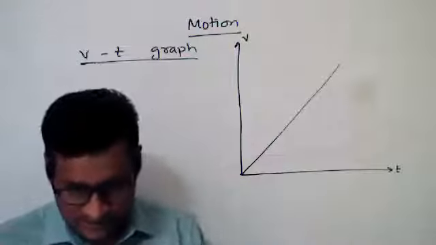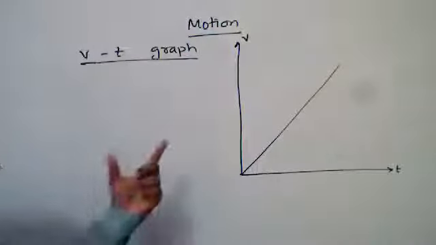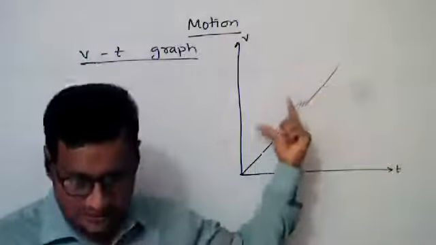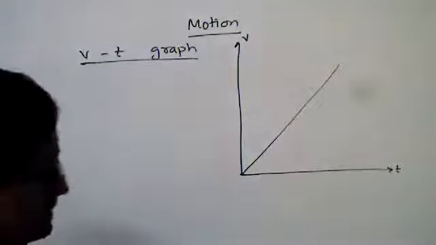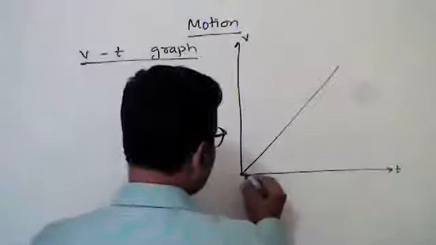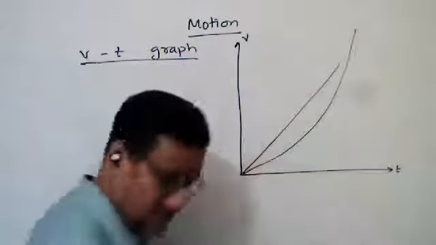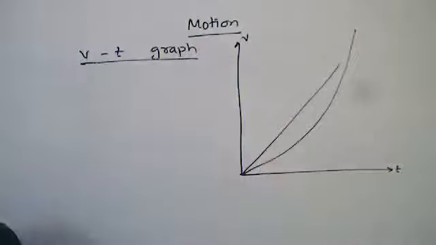Okay, understand? Here the velocity changes uniformly, so it is called uniform acceleration. Another is non-uniform acceleration, where the graph is a curved line.